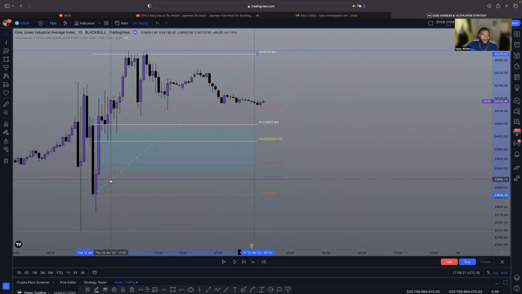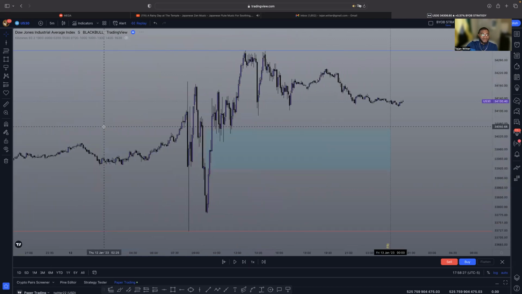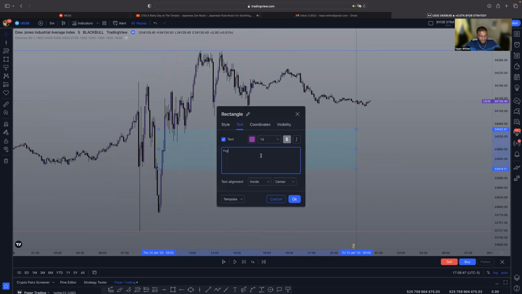Cool. All right, so I'm gonna go down one more time frame. All right, here we are. So now what I'm seeing, as you can see, this is the 15-minute fair value gap, and I'm gonna note it as such. So fair value gap, 15-minute.